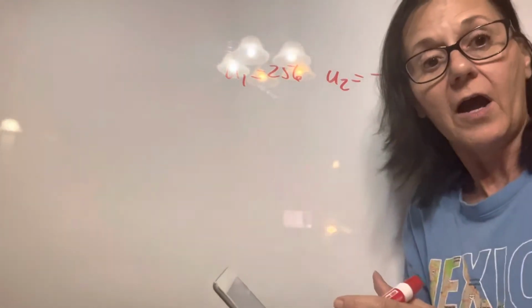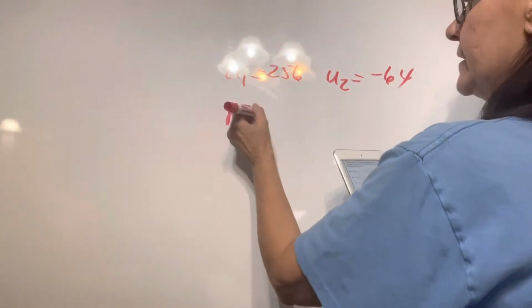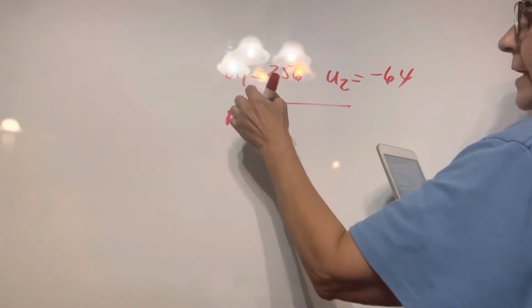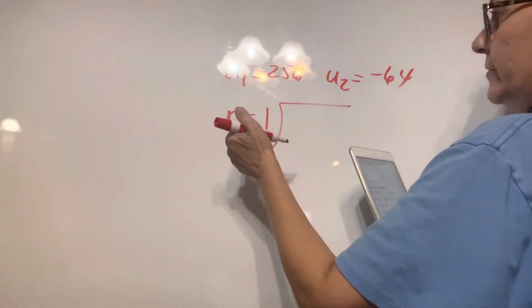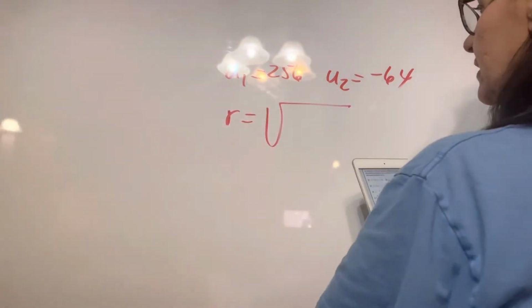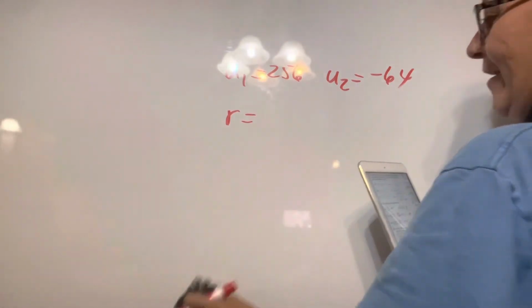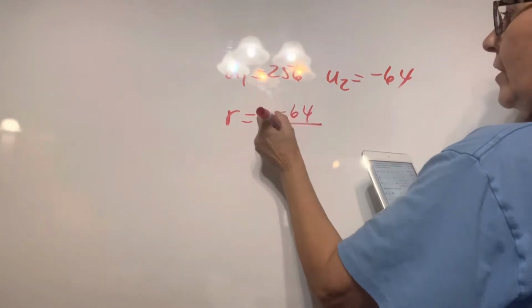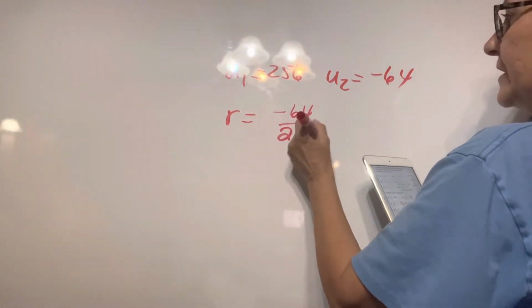The way that you find your rate is going to be the root of 2 minus 1, which is just the square root, which is just 1, no root. It's going to be negative 64 over 256.